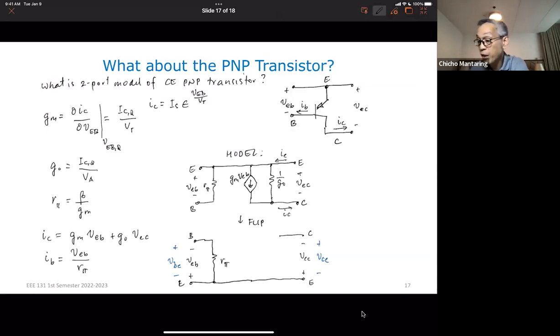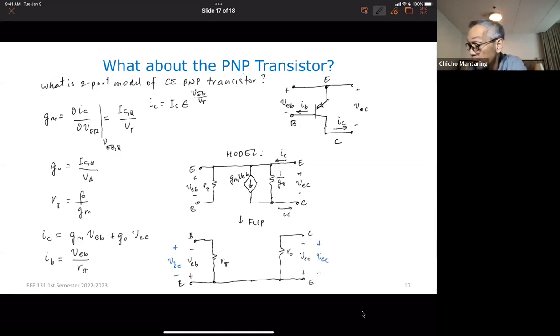By the way, this is 1 over G sub O, or R sub O. So let me just say R sub O. Understood that R sub O is 1 over G sub O. So that takes into account the current here.